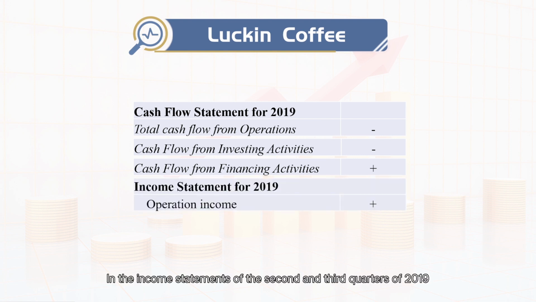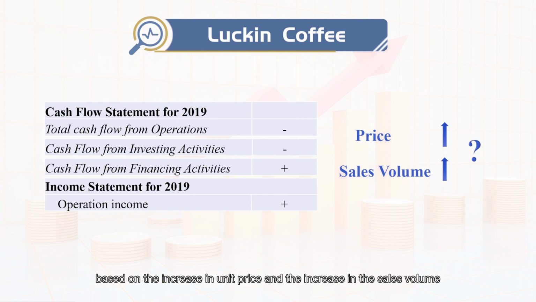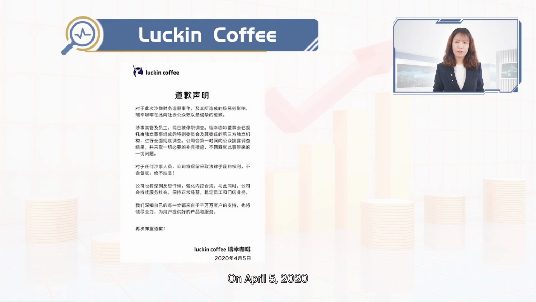In the income statements of the second and third quarters of 2019, the operating income increased sharply based on the increase in unit price and the increase in sales volume. This violates the law of the reverse relationship between prices and demand for elastic commodities. On April 5, 2020, Luckin Coffee admitted that millions of dollars in sales had been fabricated. 2 months later, its stock was delisted from the Nasdaq exchange.